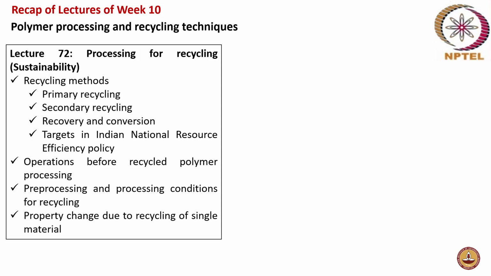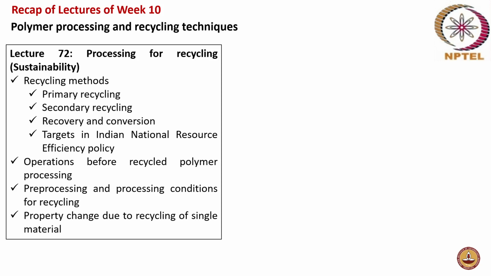These were all discussed. And then what are the operations that are to be performed on a polymer before recycling the polymer. Like separation and sorting, so there can be macro separations like sieving, optical sorting, or density difference based sorting, or magnetic sorting, or eddy current based separations.